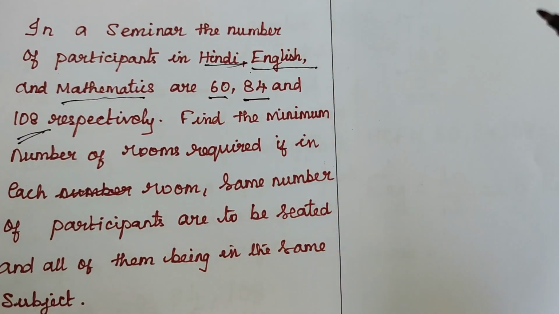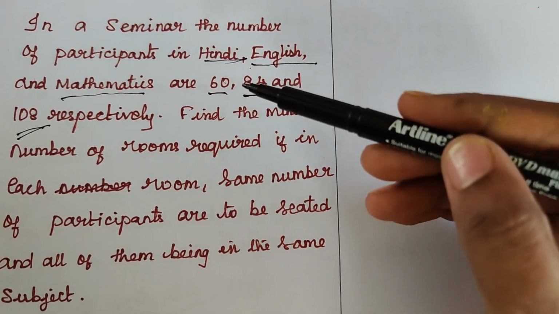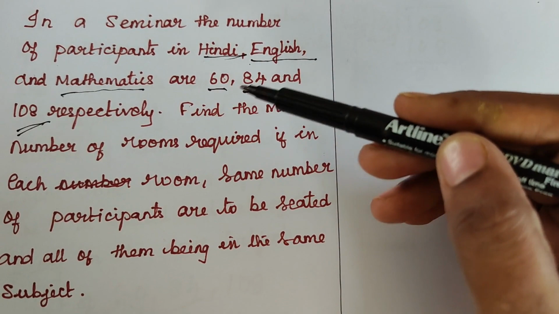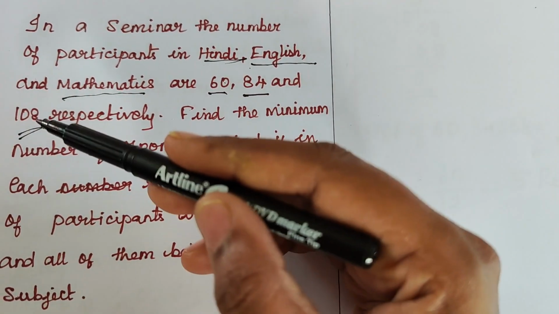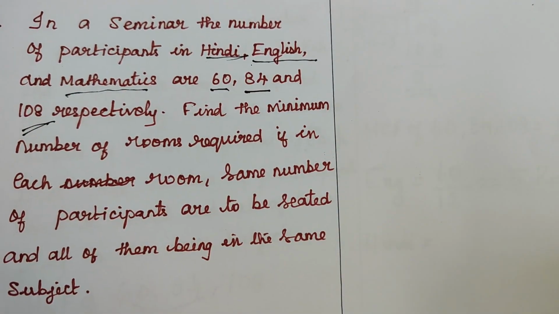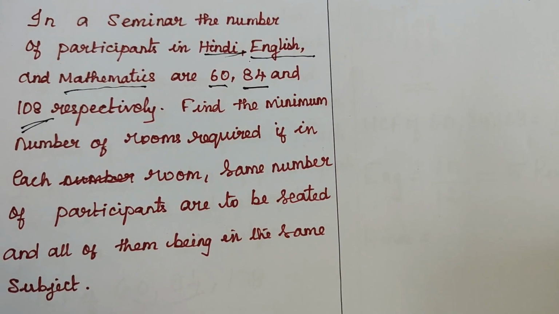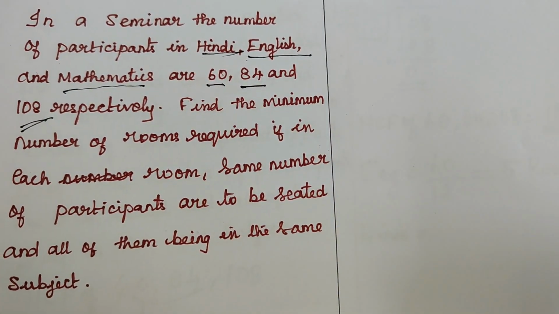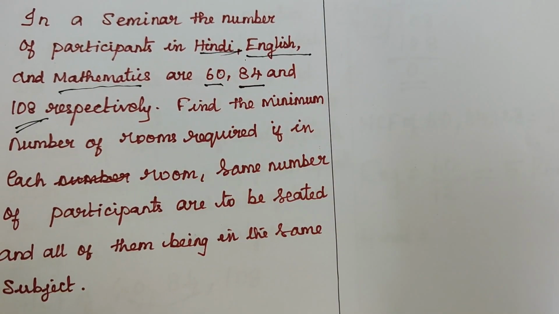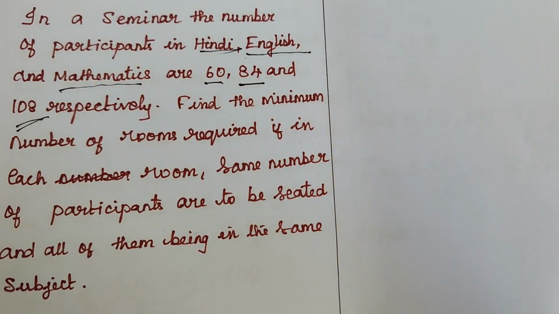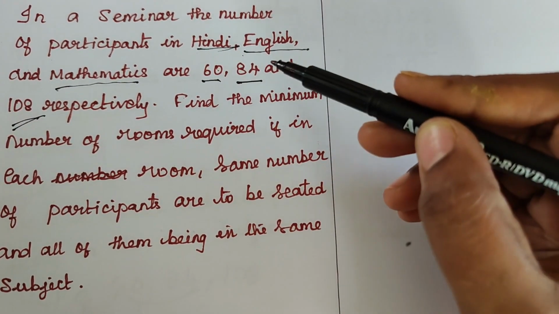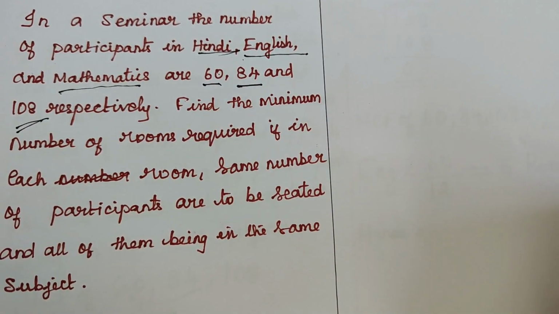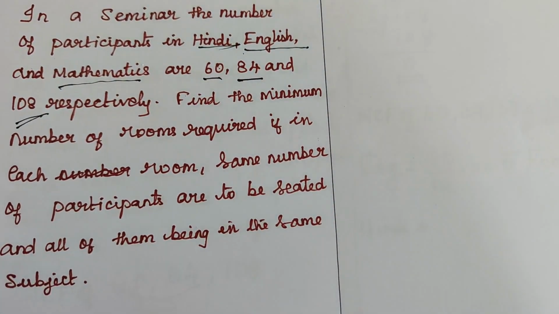Here, what we must do is divide the participants of each subject into equal numbers. So we shall take the HCF, because that is the common divisor which divides each of these numbers completely.